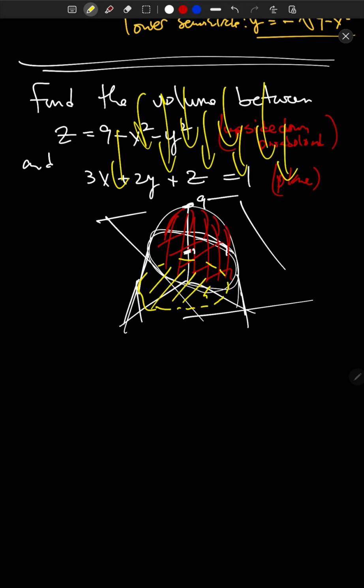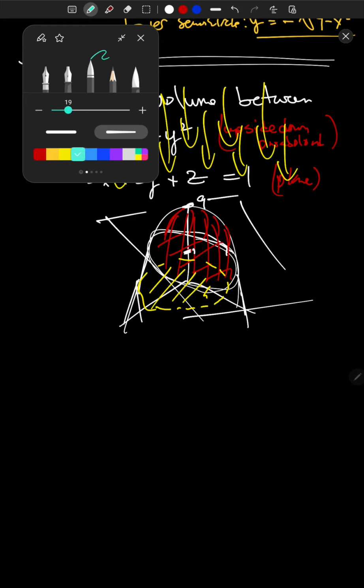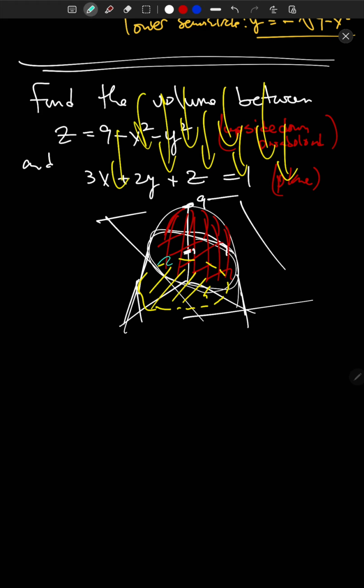If we think about this particular picture, the shadow is going to be determined by this curve right there. Let's use this color. It is going to be determined by this guy right there.